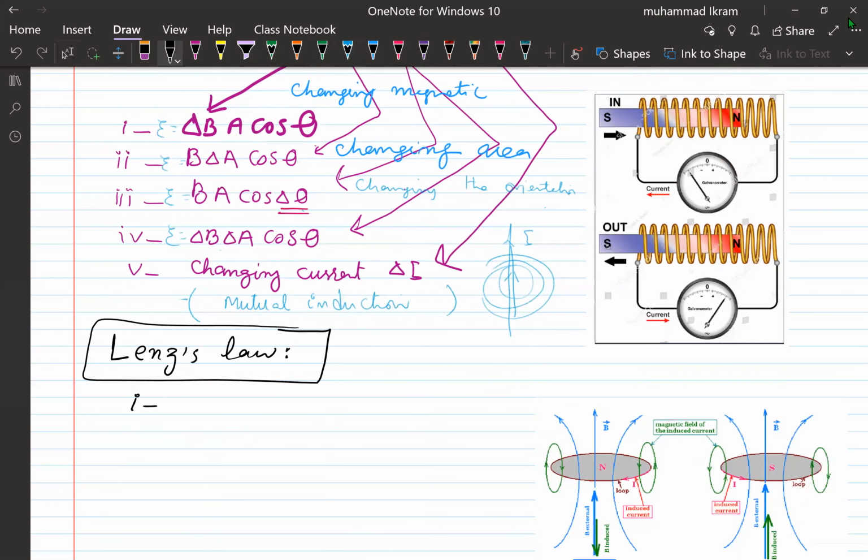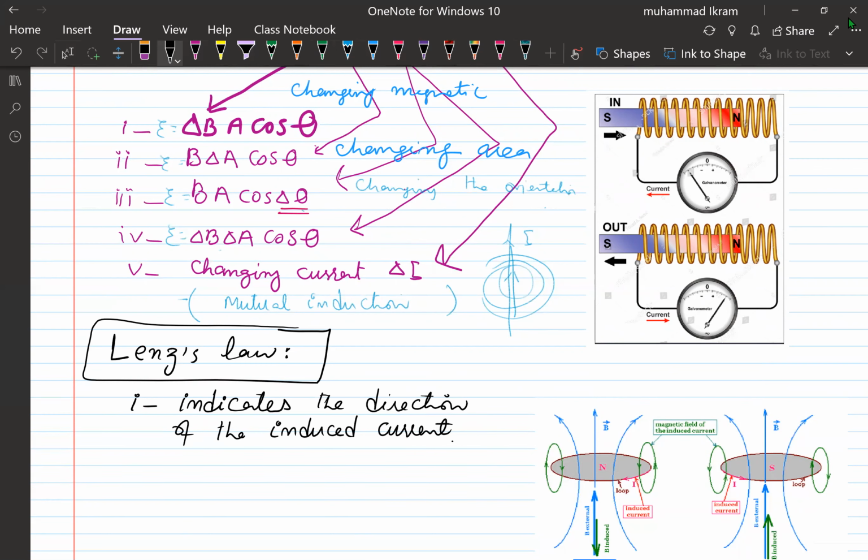One, it indicates the direction of the induced current.